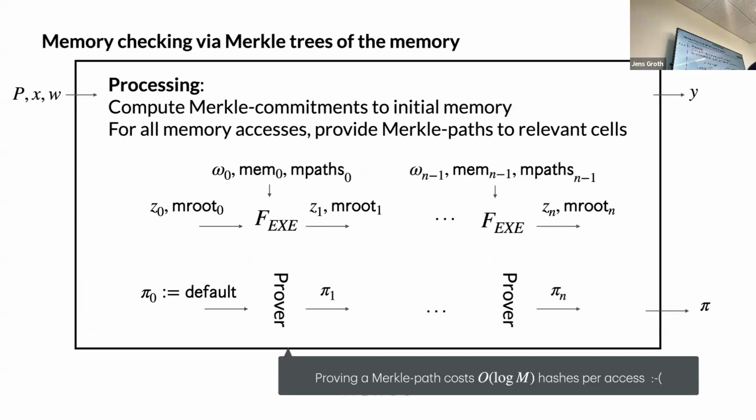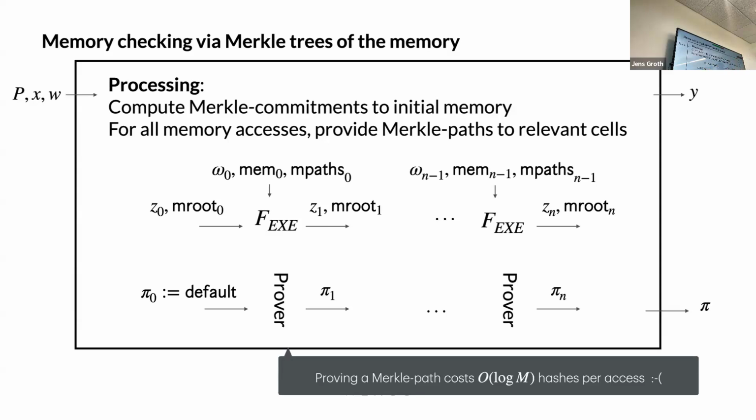Okay, and the first idea that comes to everybody's mind is: how about doing Merkle commitments to the memory? The idea is the following. To start with, we have a Merkle tree, and the root of the Merkle tree, that hash, is what we feed as state to the virtual machine. Whenever we access memory, we also give a path to the root of that Merkle tree to verify that it's correct.